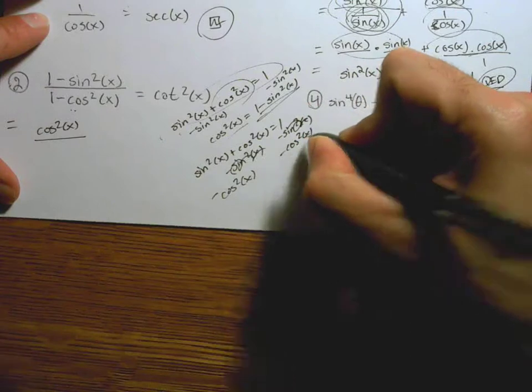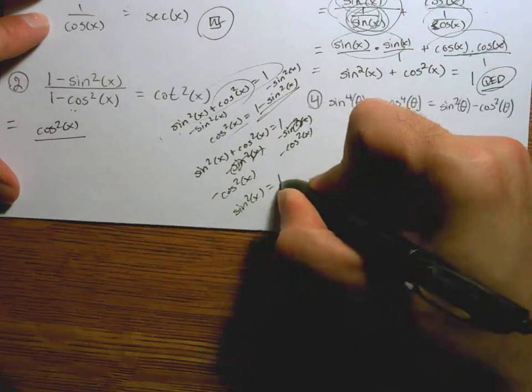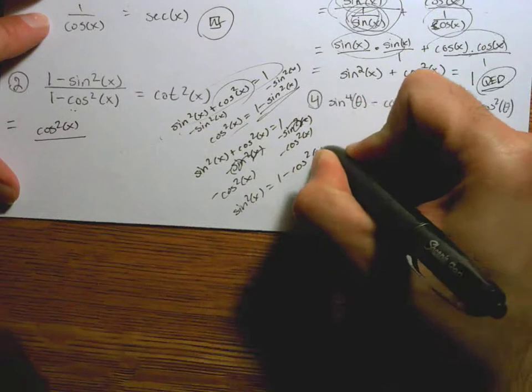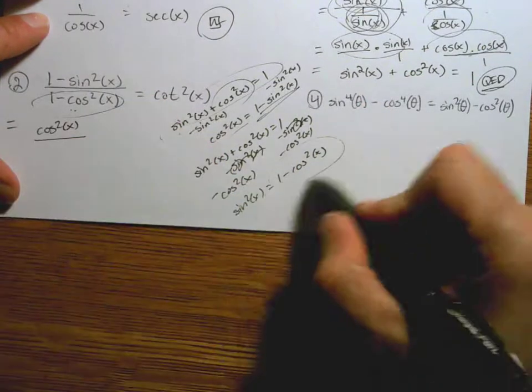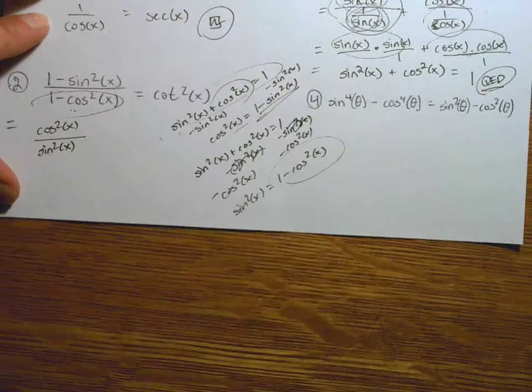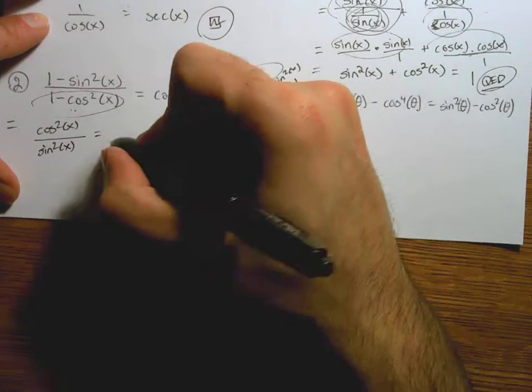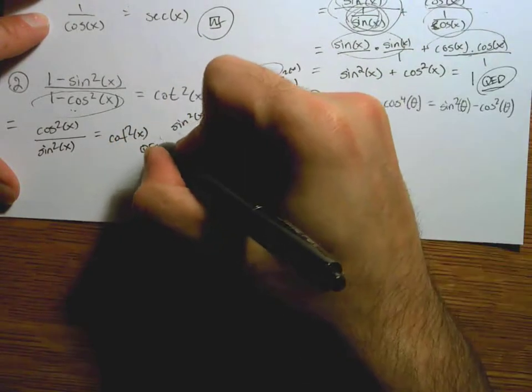I'm left with sine squared equals 1 minus cosine squared. That's what I wanted it to equal. It equals 1 minus cosine squared. I know that that's sine squared. So I replace it. And I know that that is the same thing as saying cotangent squared, which is what I was trying to find, so I'm done.